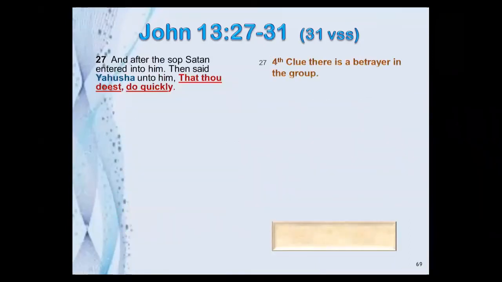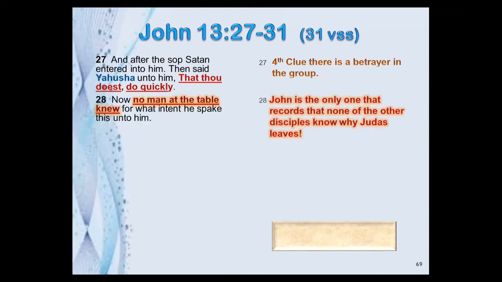Let's read verse 27. "And after the sop, Satan entered into Judas. Then said Yahusha unto him, That thou doest, do quickly." There's the fourth clue that there's a betrayer in the group. We're watching this right side of the column. Verse 28 is extremely important.